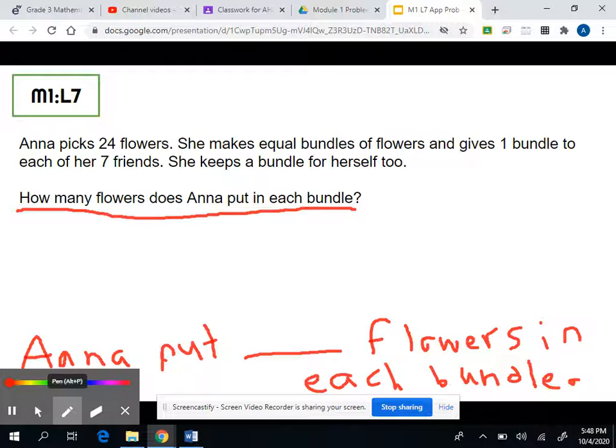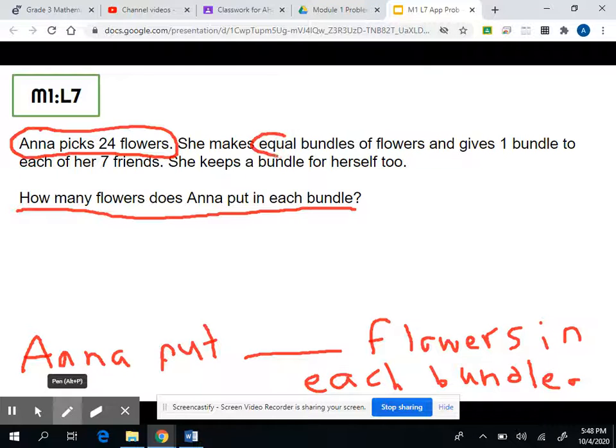So, anytime we see a number, we know that's an important part of our word problem. So first we have Anna picks 24 flowers. Right? So that's the number that we have total. Because this says she makes equal bundles of flowers. Equal bundles. Bundle is a fancy name for group.